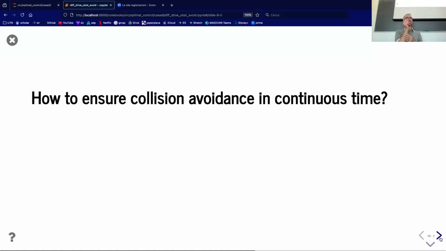However, it's hard to know exactly how big this margin should be. And if you make it too big, then it's going to be potentially conservative. Imagine that the robot needs to pass through a door which has a size which is slightly bigger than the robot's. Then if you make the margin too large, the problem becomes unfeasible. And if you make it too small, you don't achieve the real continuous time collision avoidance. So it can work, but it has some pros and cons.